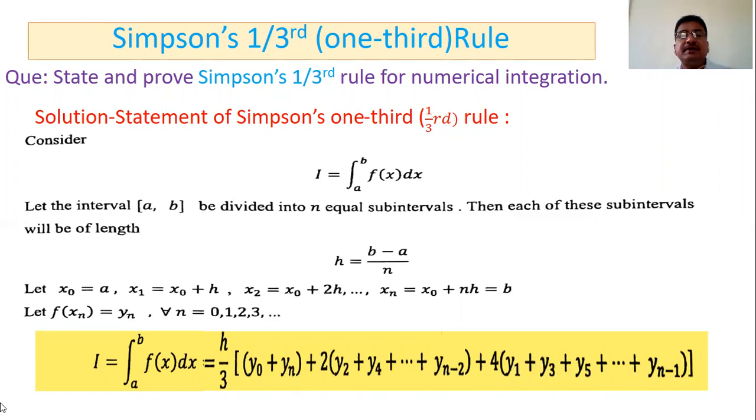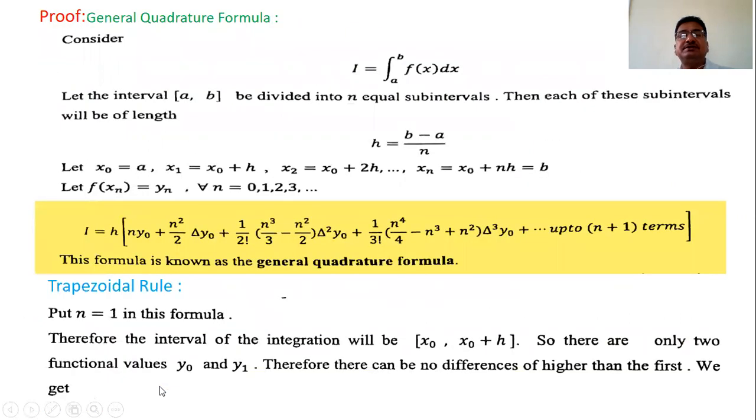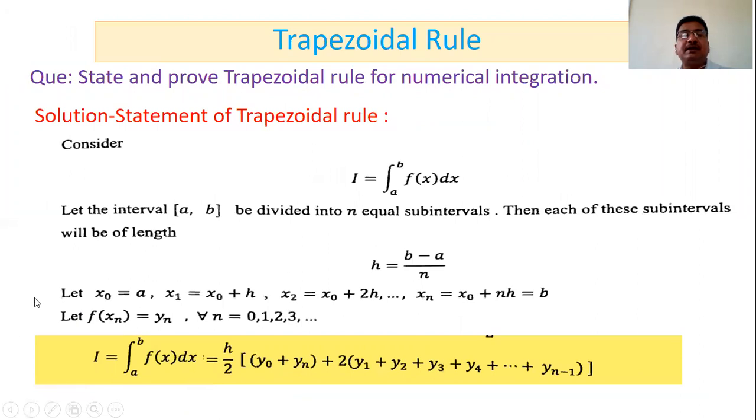So what is the statement of the trapezoidal rule? Consider the integral and divide the interval a to b into n equal subintervals, each of length h, with end points of these subintervals, and f(xn) is yn, that is f(x0) is y0, f(x1) is y1, f(x2) is y2, f(xn) is yn.